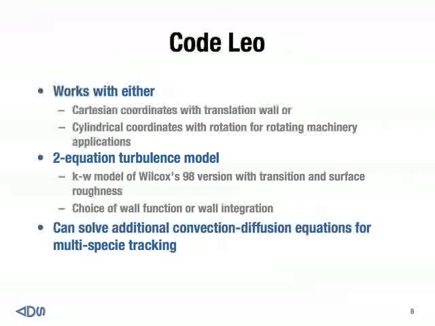But if you're really a tiny car on a flat surface, yes, use Cartesian coordinates. However, on the other hand, cylindrical coordinates have a tremendous advantage if you're working with rotating machines. So we do both of them.